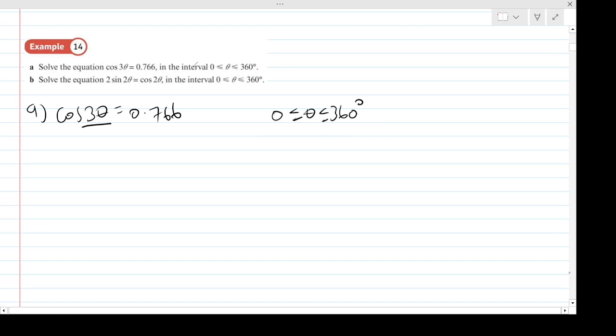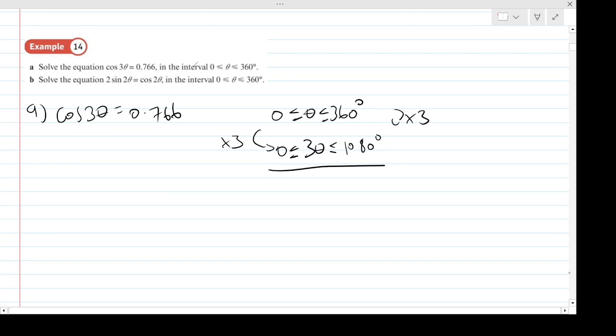How are we going to do that? We multiply by 3 every part of the inequality. So 0 times 3 is 0. Theta times 3 is 3 theta, which is great because now it matches what we've got. And then 360 times 3 is 1080.